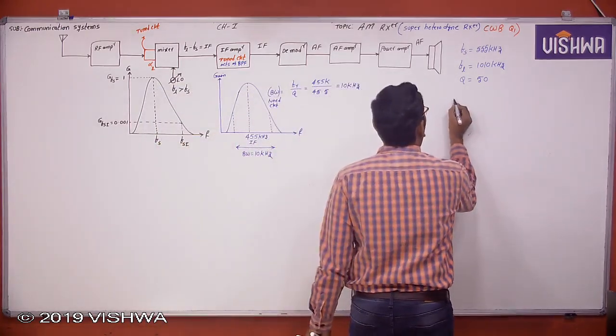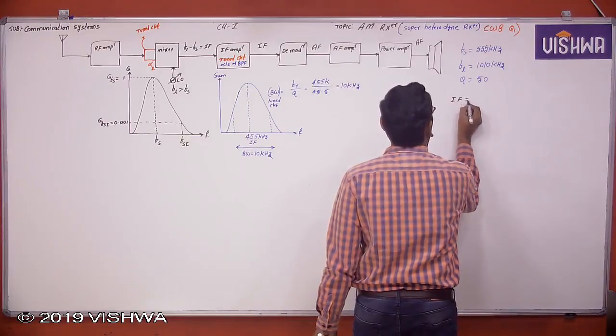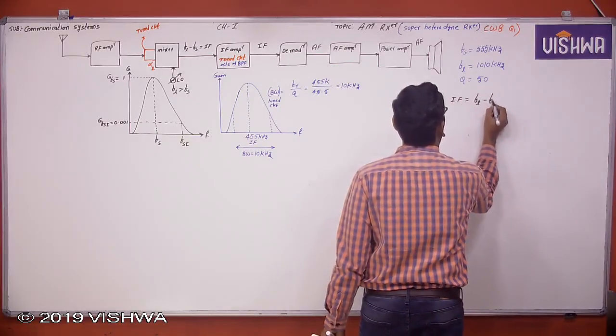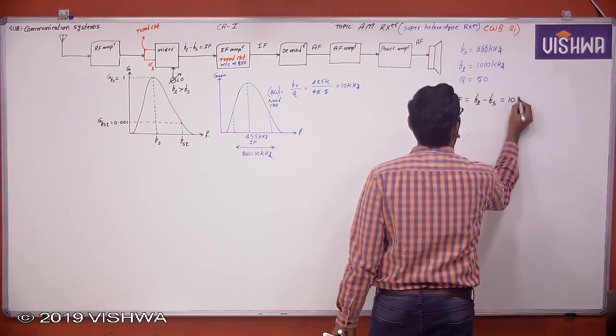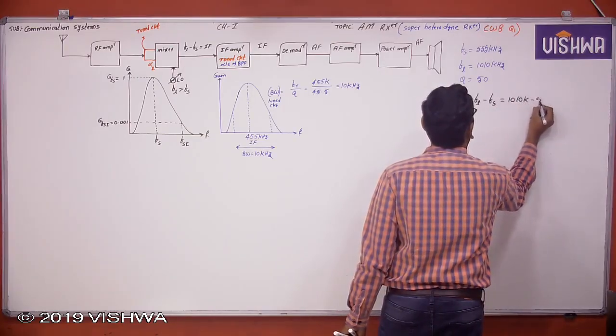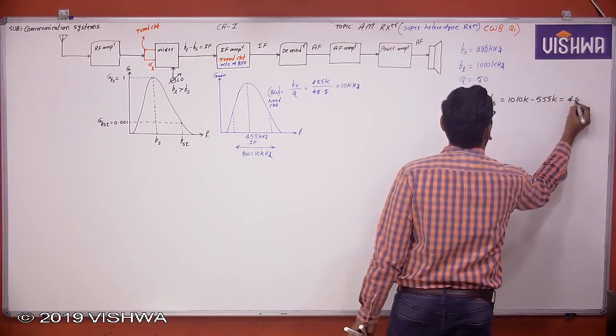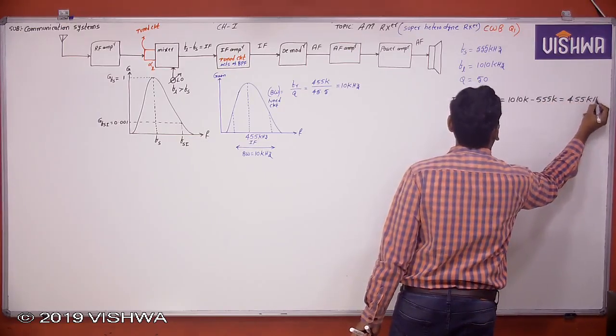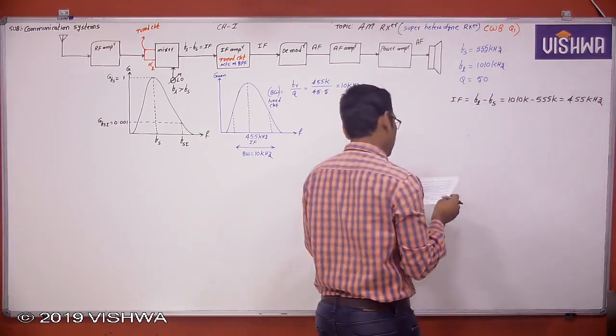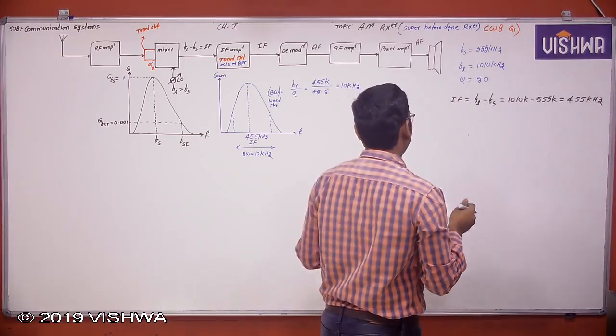Now, what is intermediate frequency? Intermediate frequency is FL minus FS, which is equal to 1010 kilo minus 555 kilo, which is equal to 455 kilohertz. Next, image frequency.